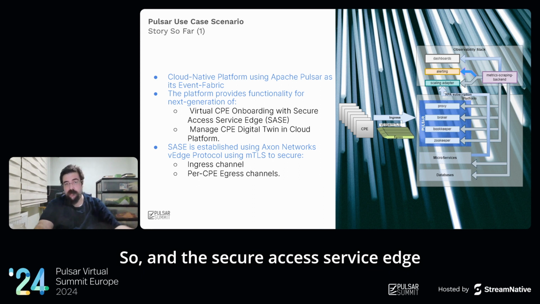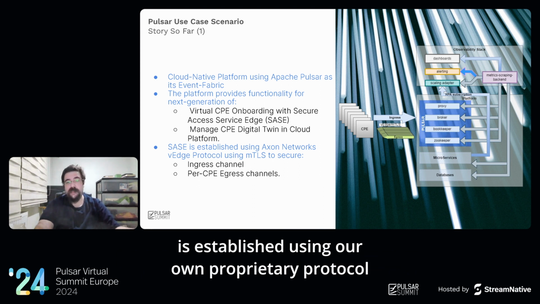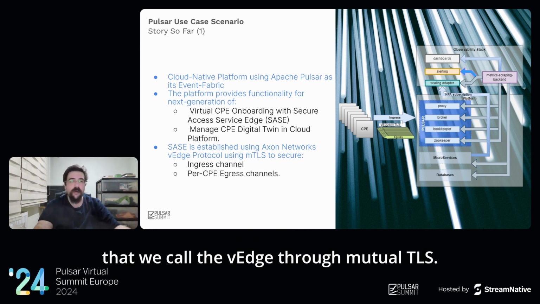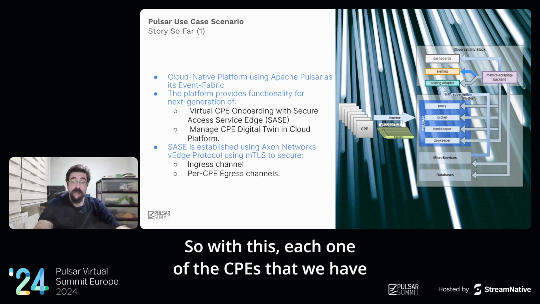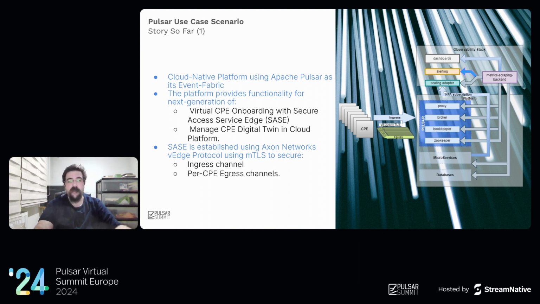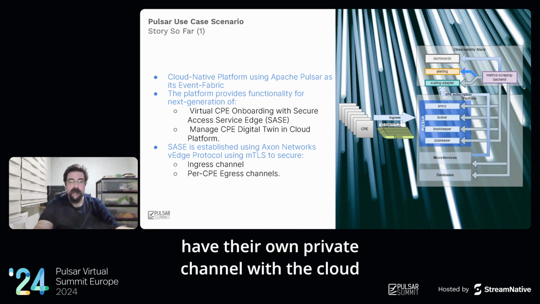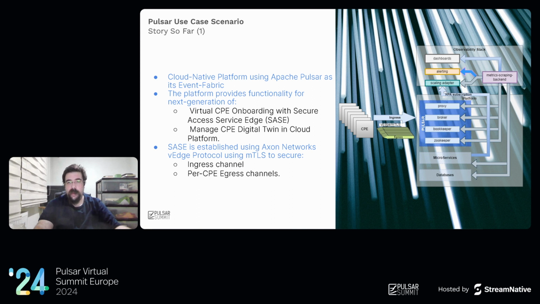The secure access service edge is established using our own proprietary protocol that we call vEdge, through mutual TLS. With this, each one of the CPEs has its own private channel with the cloud.